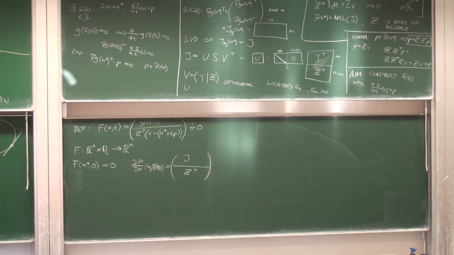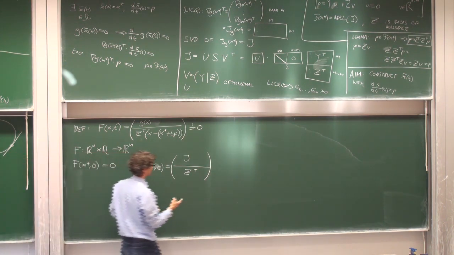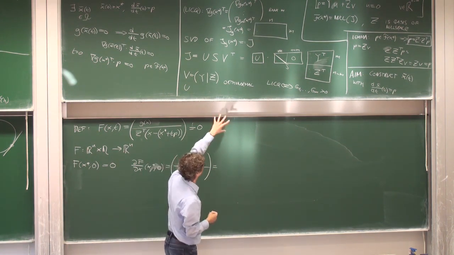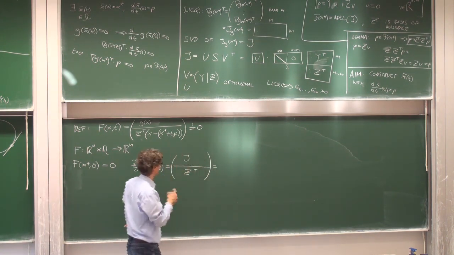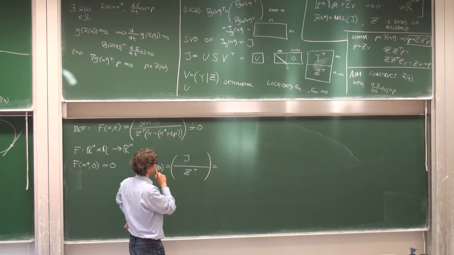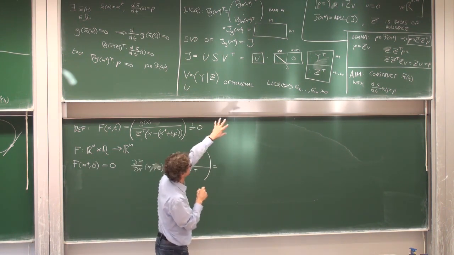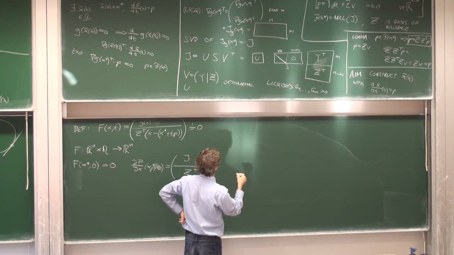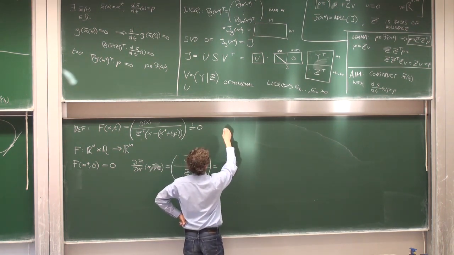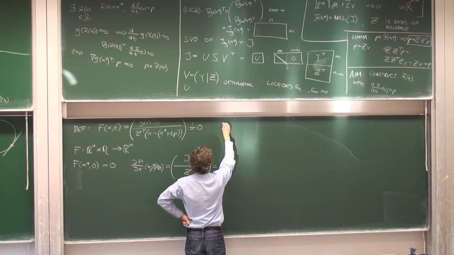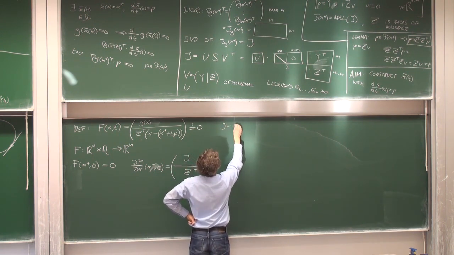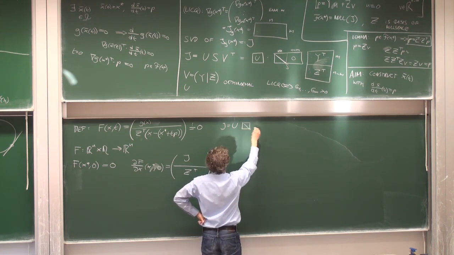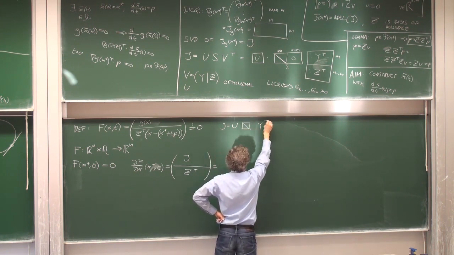And now I claim that this is invertible. And why? Because we can now use our singular value decomposition, if you like. And one way to look at this singular value decomposition, I should say, and I didn't say it here, is that J can also be written as U, and then this diagonal block here, and then Y transpose.